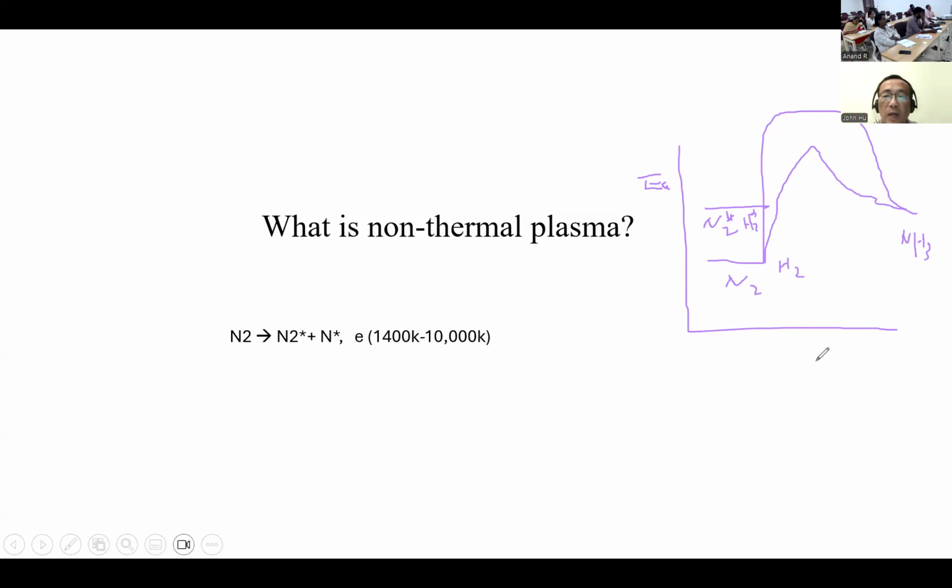It's a different way to activate. But if you have the plasma and the catalyst, your starting point is here. That's why most reactors in plasma have a catalyst in there, because you want to lower the activation energy.